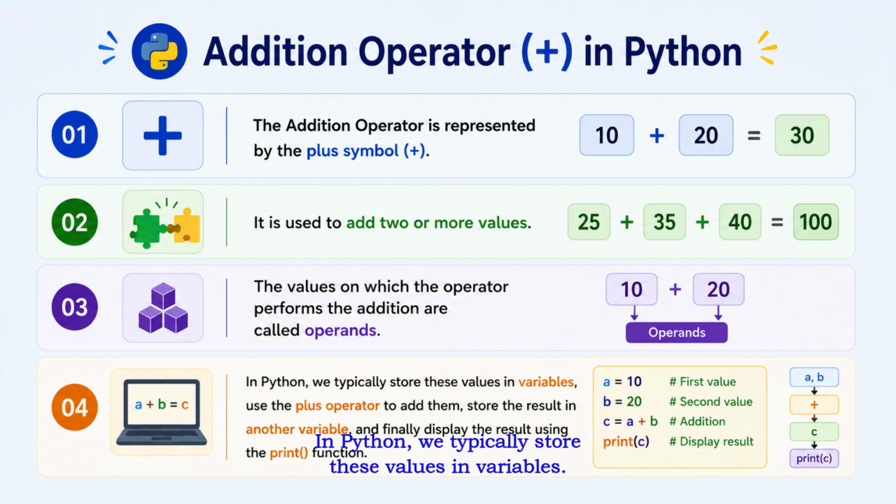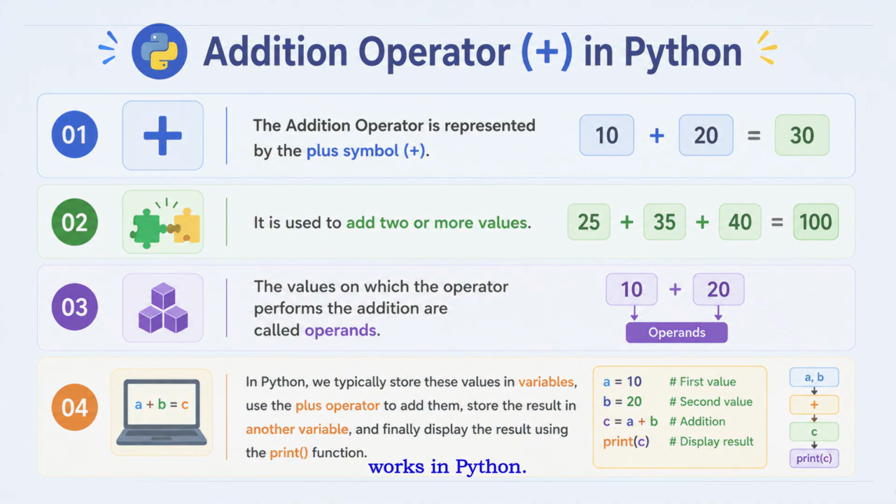In Python, we typically store these values in variables, use the plus operator to add them, store the result in another variable, and finally display the result using the print function. With this, we now have a clear understanding of how Python performs addition. So let us move on and understand how the subtraction operator works in Python.